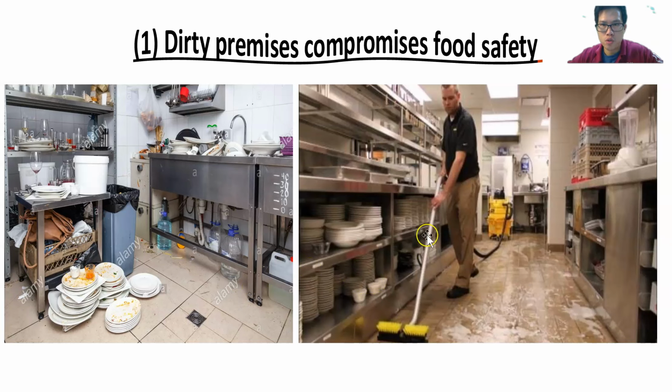In contrast, over here you can see the kitchen is relatively clean. They clean the floor after the kitchen is closed. I'll explain it later on. There's also an issue over here, because in this case you need to use special equipment to wash it without splashing onto your clean plates over here.